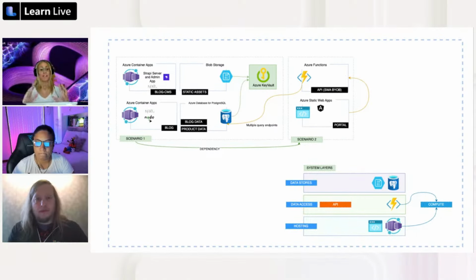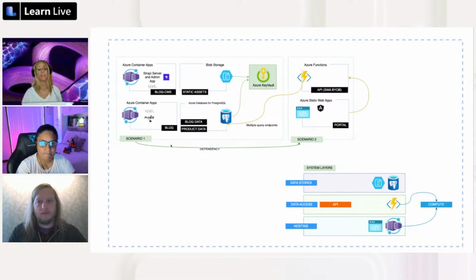You can see the scenarios that we will explore today in the diagram. And also you can see the services that map to the different application layers there on the bottom right of the slide. And the services, again, that map to each one of the components that are either hosting our frontend, data access and compute, and data storage.